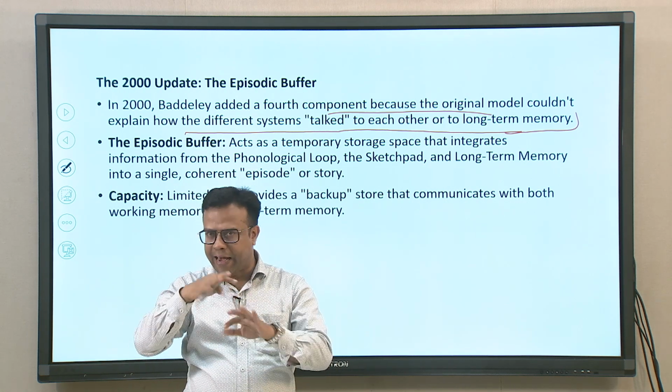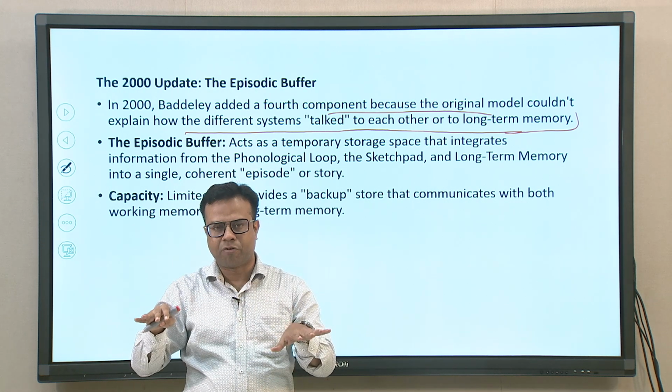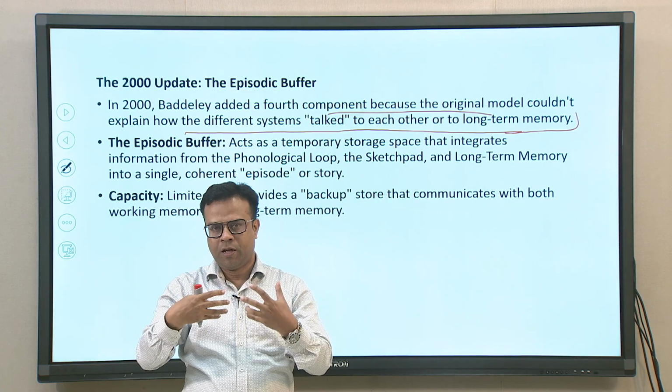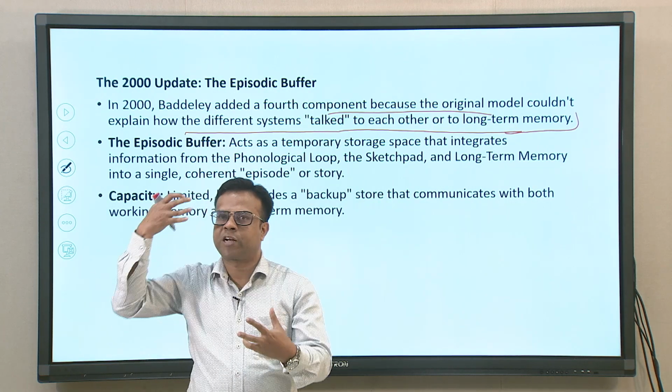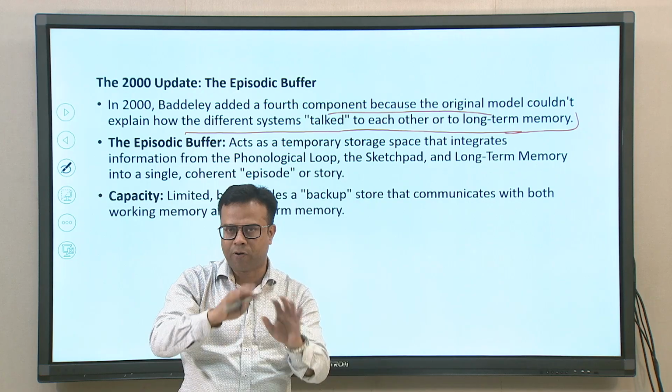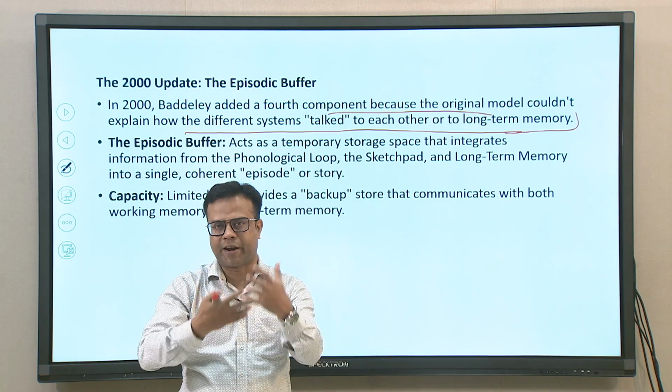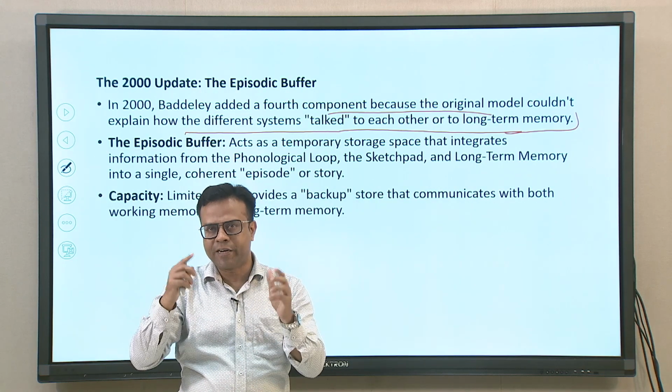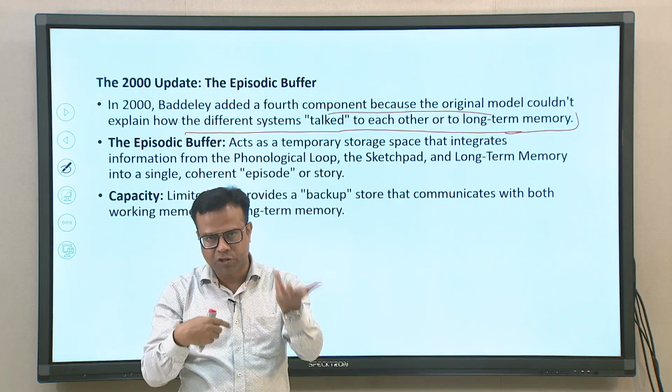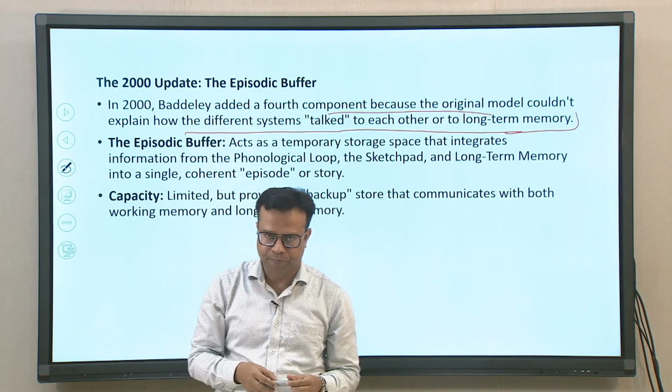The central executive can manipulate whatever information is given, but how do they talk to each other, and how does information from long term memory get activated and connect with everything else? They could not explain it using the 3 component model. So, they used the episodic buffer as a 4th component.